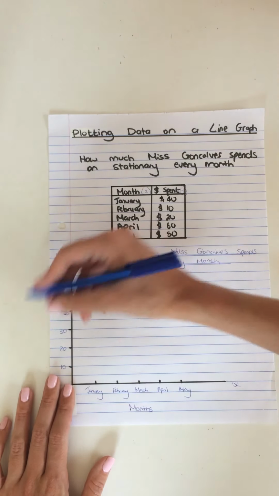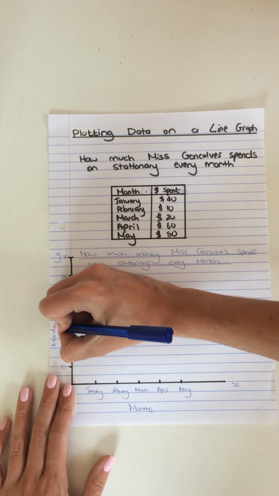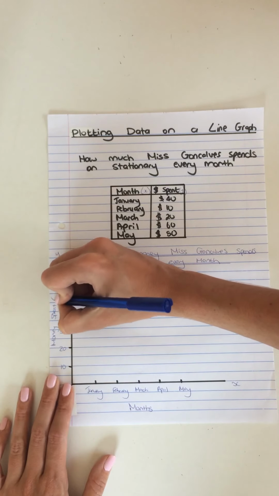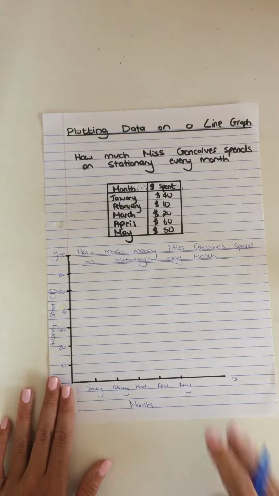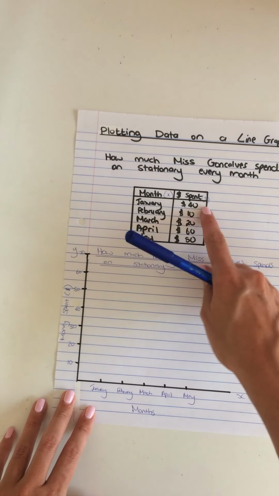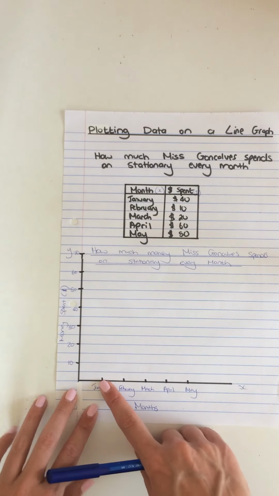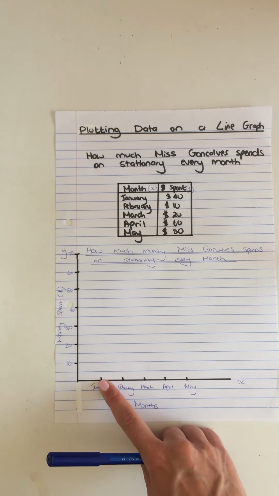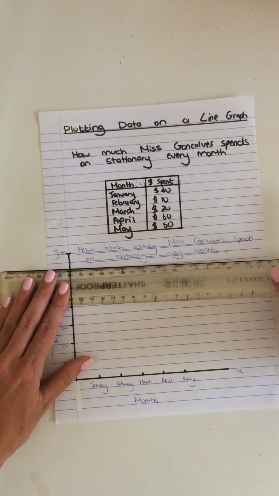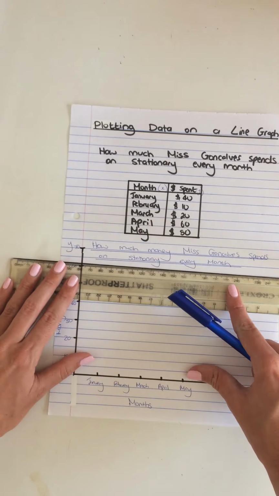I forgot to write on the side here, money spent, and I'm going to put it in dollars on the side. Okay, in January, Ms. Gonzalez spent $40. January is over here, $40 over here. Again, I'm going to use my ruler so that it's easy for me to see.